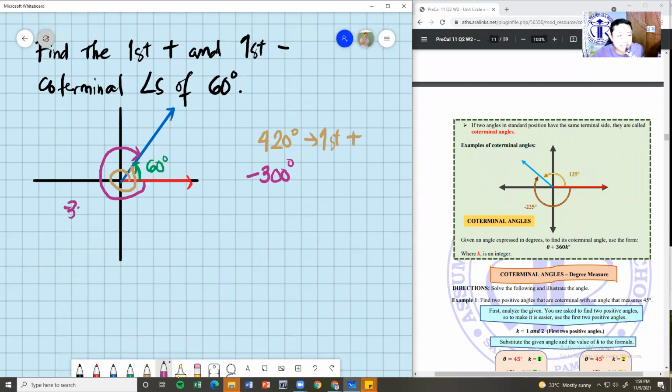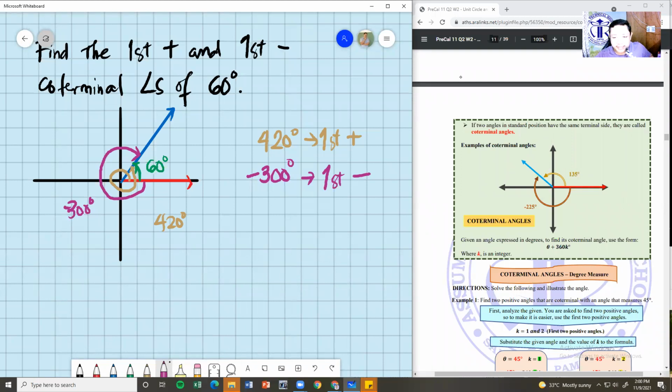So negative 300 degrees and 420 degrees are the first negative and the first positive coterminal angles of 60 degrees. Can you follow? Show a reaction if you understood that process.